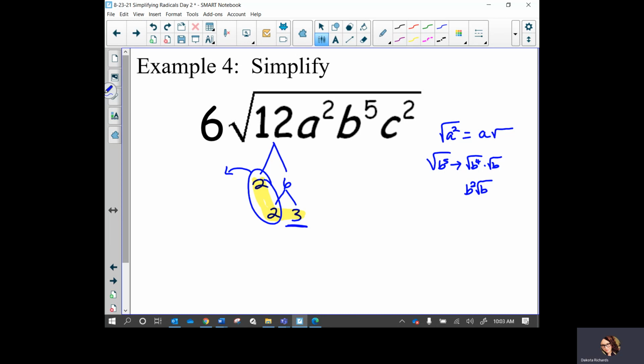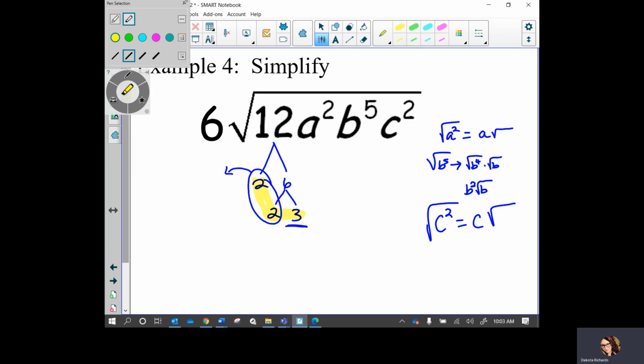Okay. And then c squared, so square root c squared, that's easy. Square root of anything squared is itself. So the square root of c squared is just c. It's got an exponent of a 2. Divide that 2 by 2, you get 1. Okay. Nothing on the inside. So let's circle what's on the outside and what's on the inside. Put it all together.